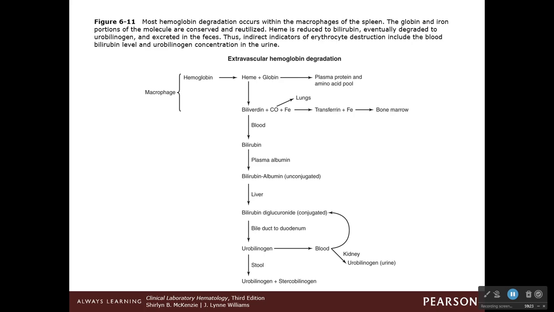Once these are bound, it is known as unconjugated bilirubin. This is also known, write this down, as indirect bilirubin. Bilirubin plus albumin is known as unconjugated or indirect bilirubin.